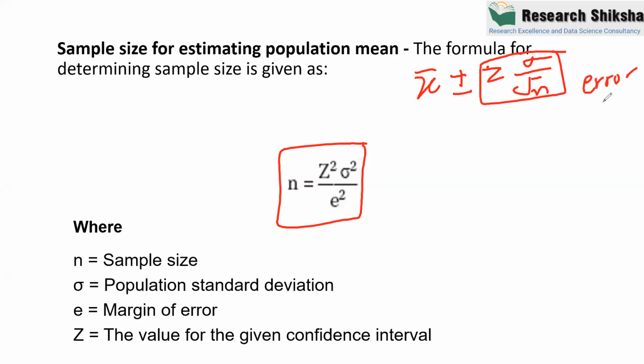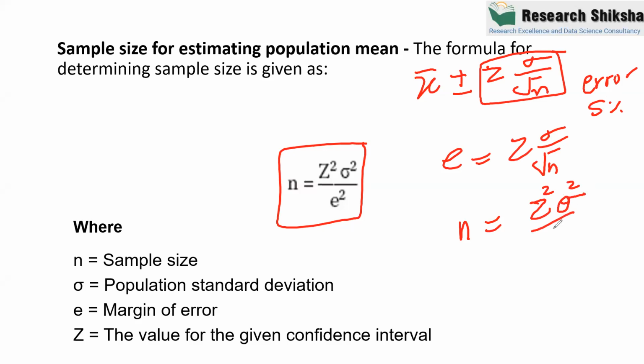And in most of the cases we consider 5%. So when I say error is equal to Z sigma upon root n, we calculate the value of n like this, Z square sigma square upon E square. This is the formula mentioned in almost every book.